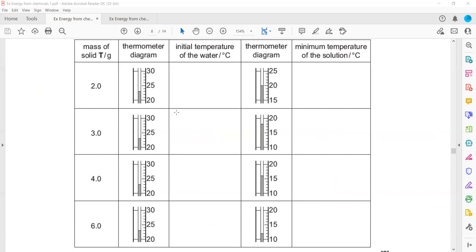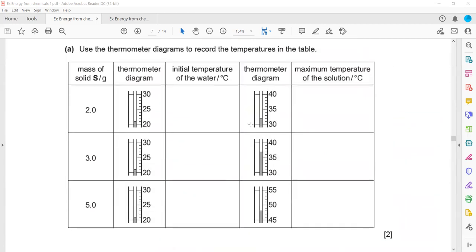But in the previous one, when we completed the table, the initial temperature was 21 and the final temperature is 31, 32. So what happened here? The reactant particles, the red color, are representing the reactant particles.